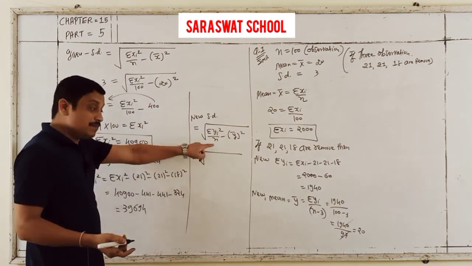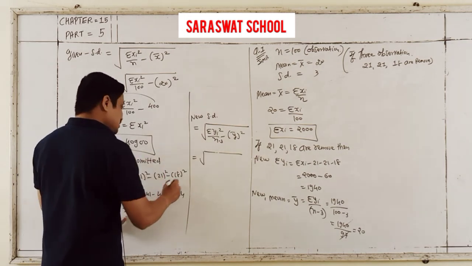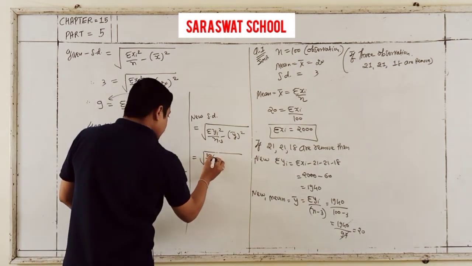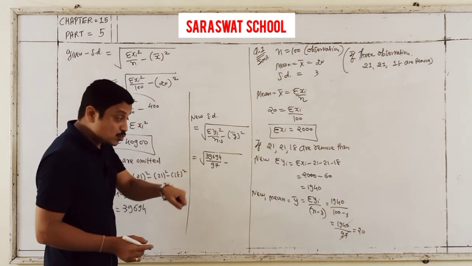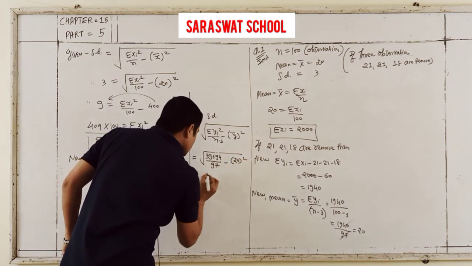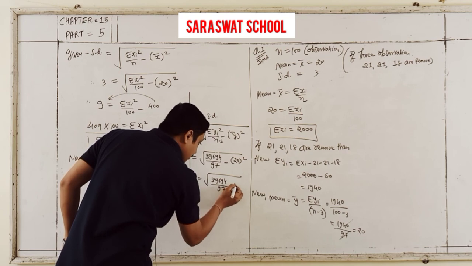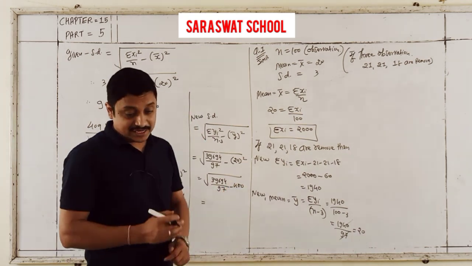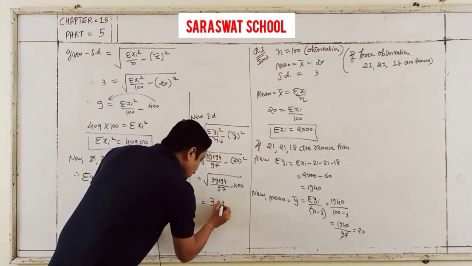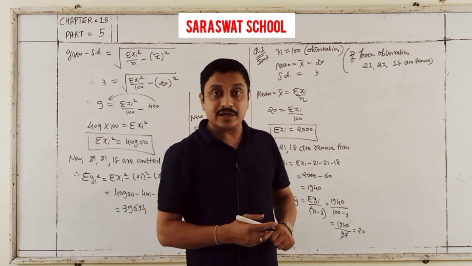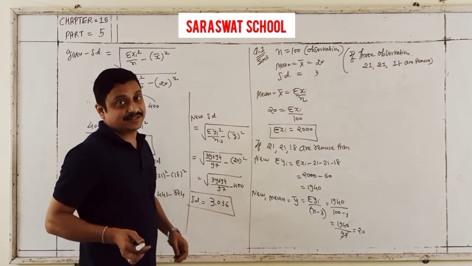Students, here n becomes n minus 3 because you removed the 3 observations. Sigma yi square, 39694 by 97, and new mean is 20 square. So your data is finally 39694 by 97 minus 400, and you take that using the calculator. The answer is 3.036. So it is 3.036, and here your SD is finally done.